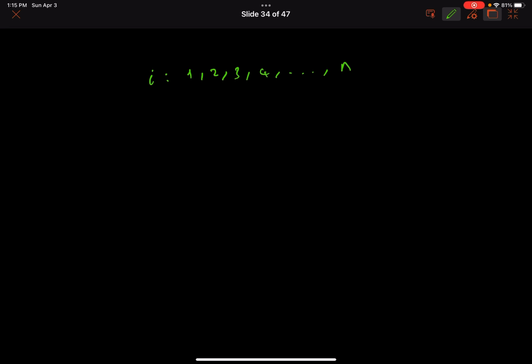Well, they are of the following form. They are of the form J1, J2, up to JK, where J1 is strictly less than J2, strictly less than J3, strictly less than JK. The element or the position? This is the position. This is the position. Clear? Sequence.